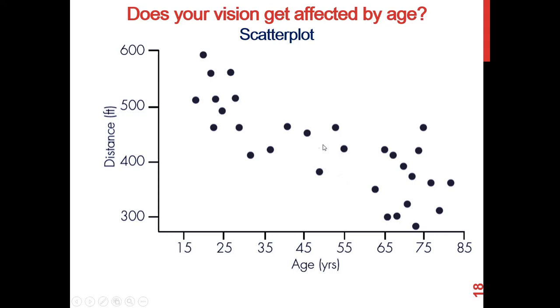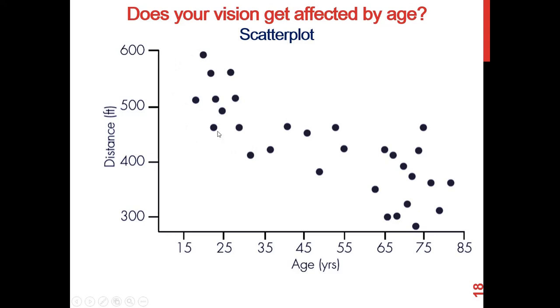So here we can see that whatever we think probably seems to be true, because as I focus on the older people, we can see that most of the points are near 300 to 400 feet, whereas in the younger generation, between ages 15 to 35, most of the points are above 400 feet.